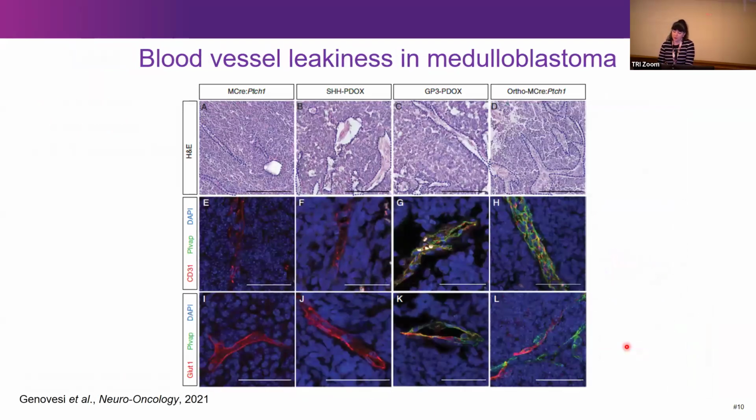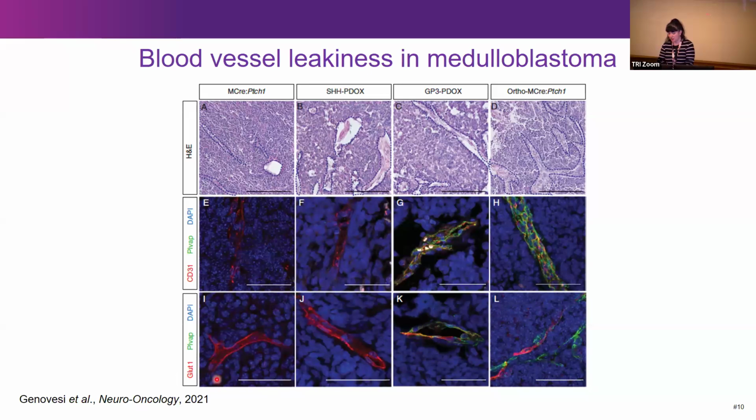And then when we histologically analyze them, you can appreciate some vessels here marked on H&E stains. But when we use specific markers like PLVAP, which is a marker of primitive, fenestrated vasculature, so it should not be present in normal brain vasculature, you can see that it's upregulated in the leaky tumors, because these ones are not leaky.